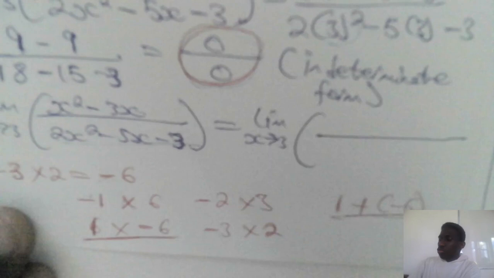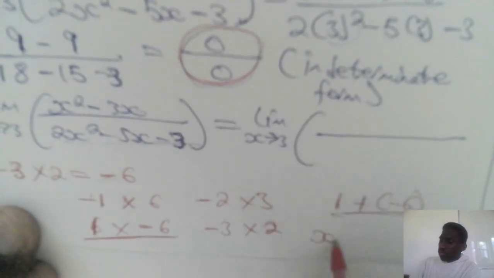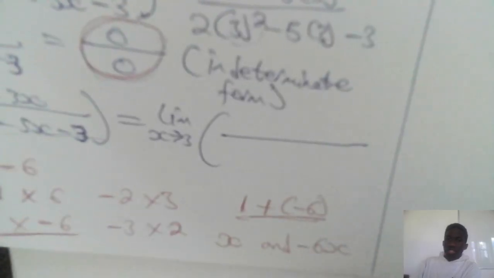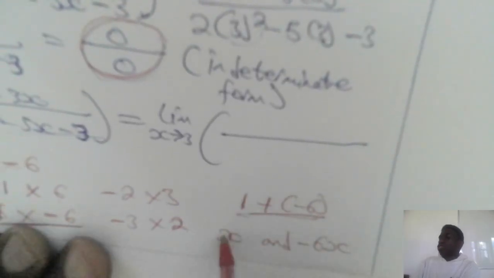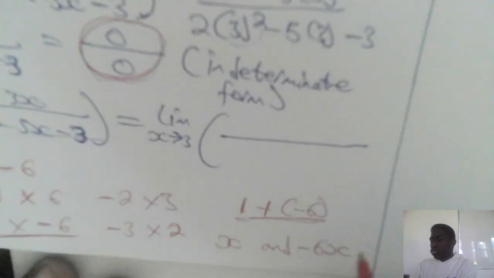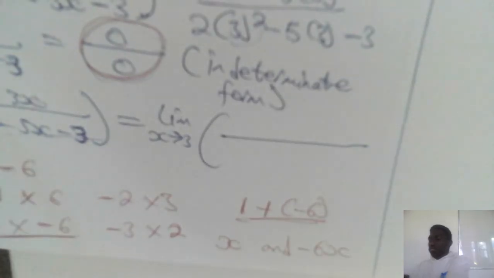So our two factors now are x and minus 6x. So x, because 1x, and also minus 6x. So we just write that there.